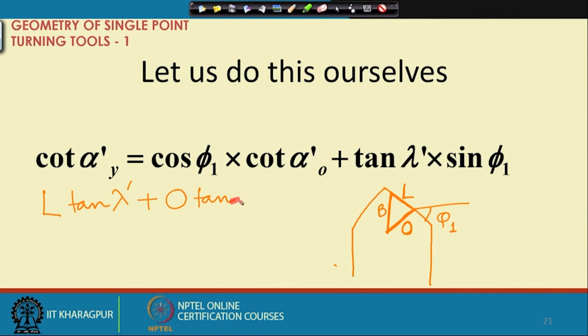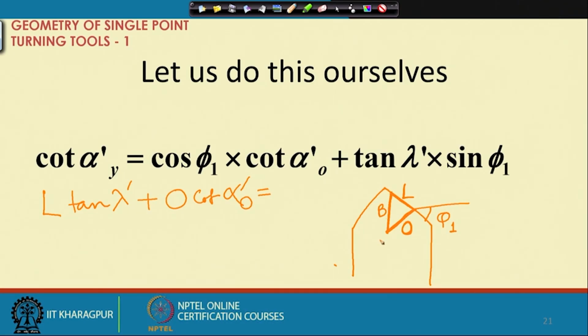This one must be the eraser, yes. If you kindly remember, we have to use cotangent here. So, let us use that. Cot alpha O dash equal to, what is it equal to?